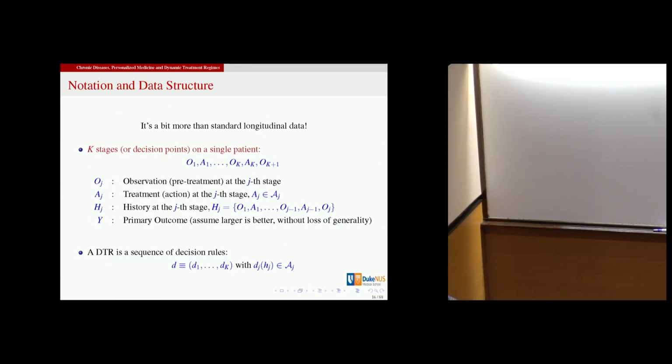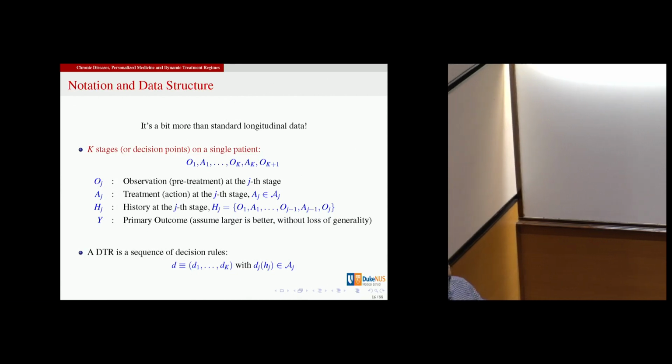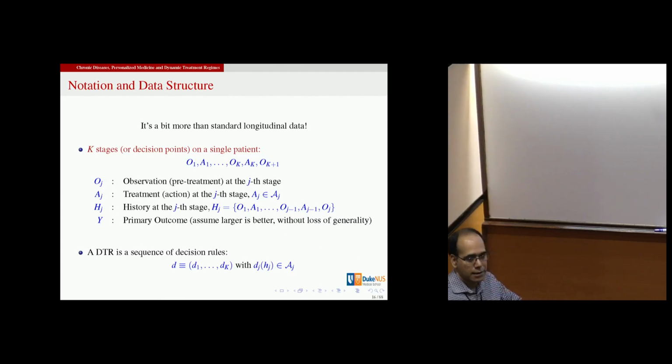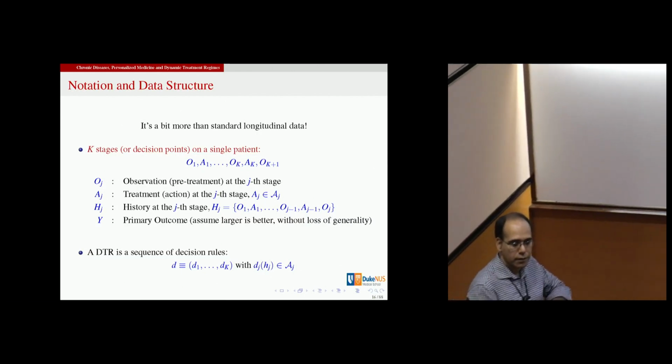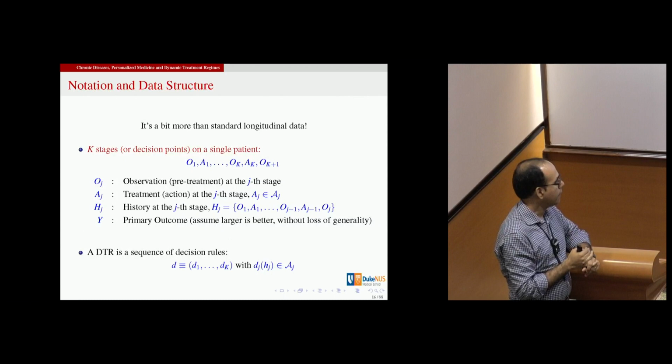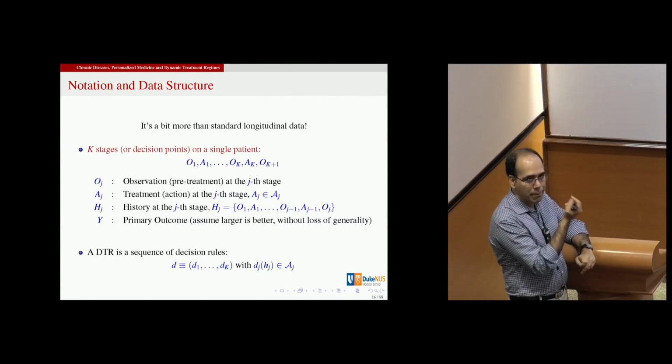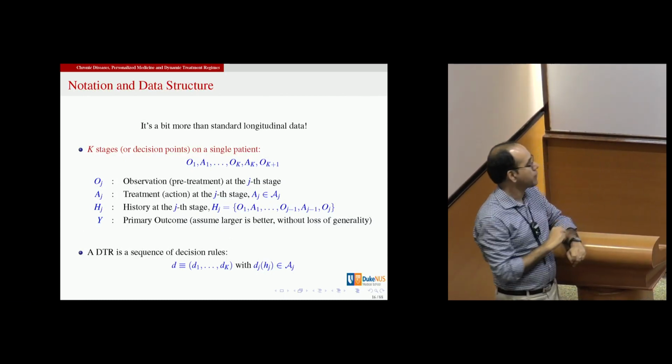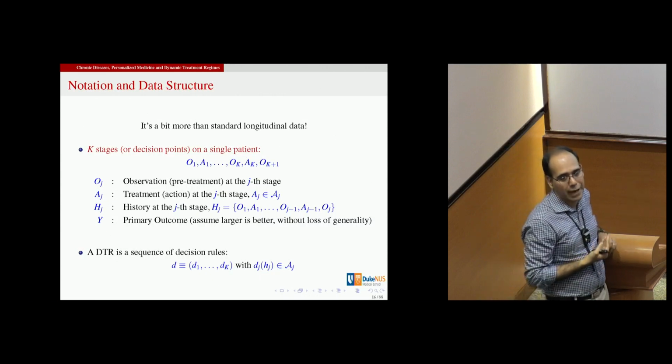So with that notation, a dynamic treatment regime that I have been speaking about in words mathematically means a sequence of decision rules D, a collection of D1 through Dk, depending on how many stages you have. If you have k stages, then this is the notation, D1 through Dk. Each one is a rule, a mapping from the space of history to the space of treatments or actions.